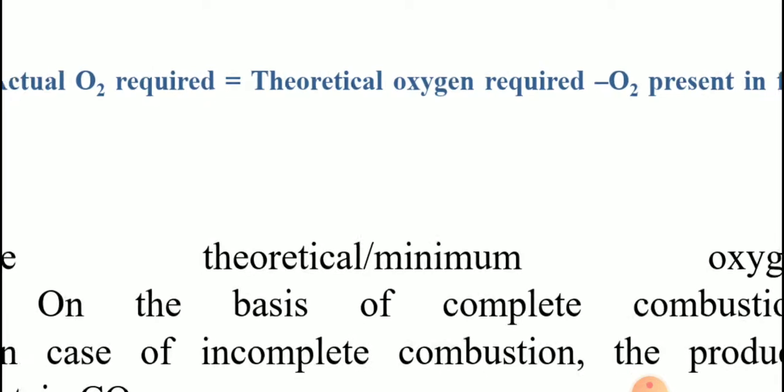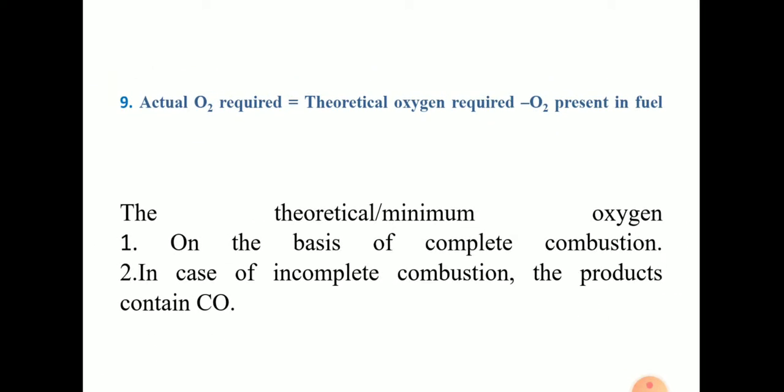Actual oxygen required is expressed by this expression: theoretical oxygen required minus oxygen present in fuel. It means that if oxygen is present in the fuel's composition, it should be subtracted from theoretical oxygen to get the actual oxygen required.